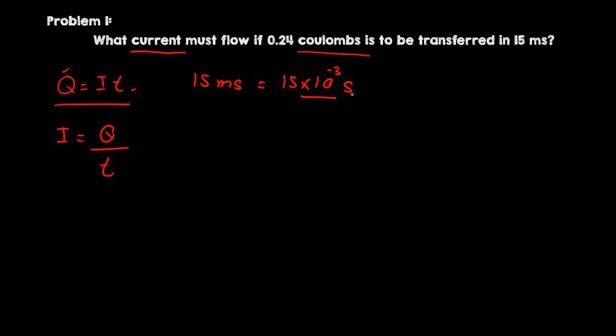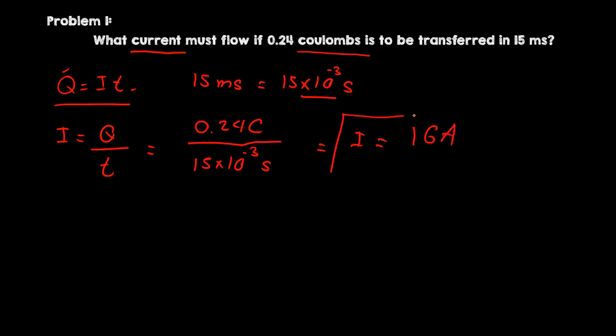Since Q is in coulombs, direct substitution, 0.24 all over 15 times 10 raised to negative 3 seconds. And our I is equals to, direct sa calcu, 16 amperes. And that's all for sample problem number 1.